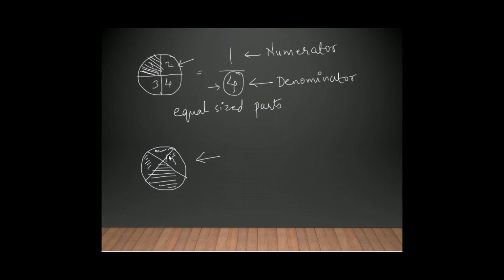That means each part of this figure is not of equal size. So when you have such a figure, you can't represent it in the form of a fraction. Whenever you want to represent a figure in the form of fractions, it's needed that all the parts are of equal size. Now this I can't represent as 1/4 because the 4 parts over here are not of equal size.